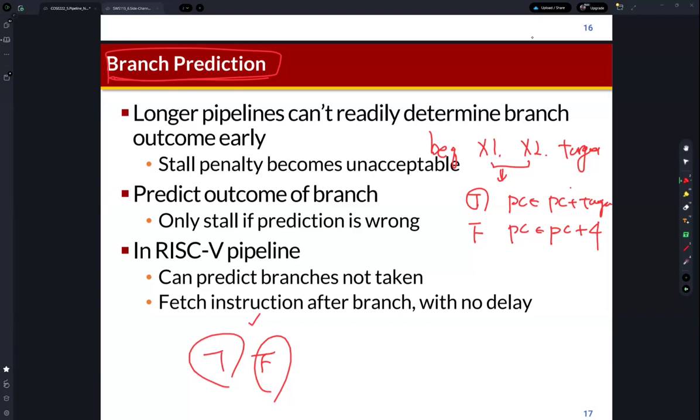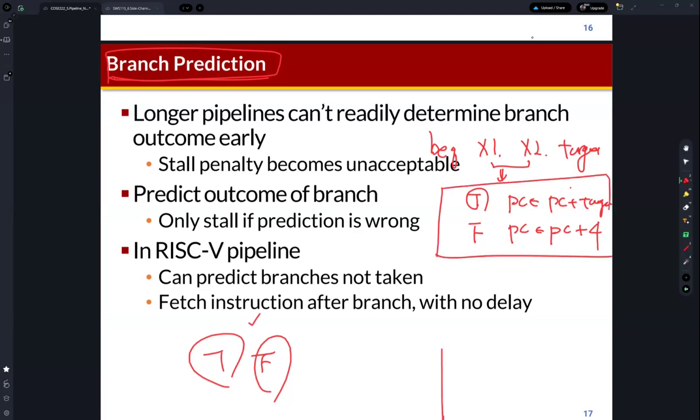And if the prediction is incorrect, then performance will be degraded, but it's the same as before. There is no harm, okay? So we can apply the branch prediction like this. So what does it mean?